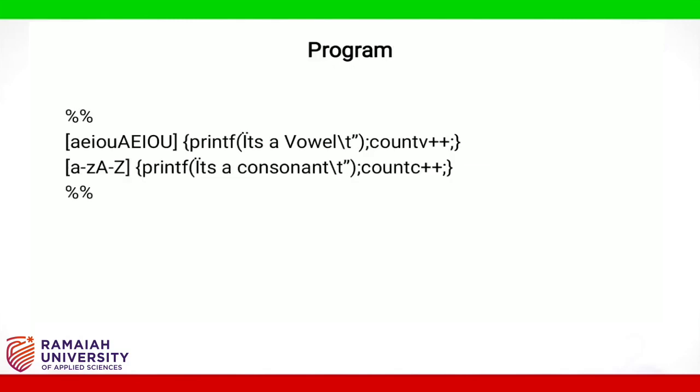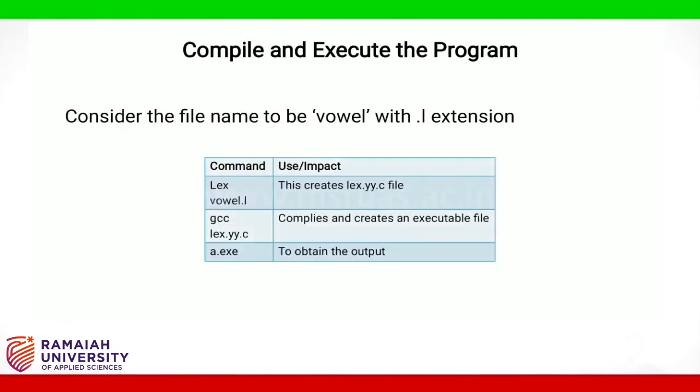This is the regular expression section of the program, where it shows the regular expression for vowels and consonants by defining the expression in the following way. To compile and execute, consider the file name to be vowel with .l extension.